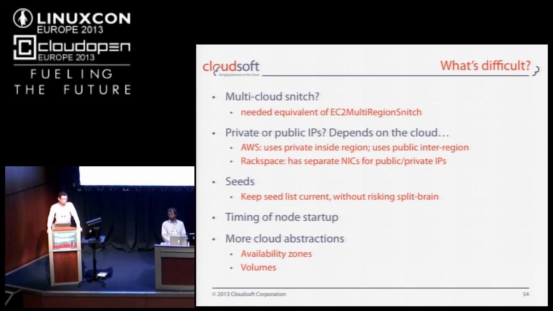And there are similar abstractions that we're doing for volumes, if you want to work with Amazon Elastic Block Stores, and so on. So on that, if anyone is looking at running Cassandra in OpenStack or CloudStack, we would love to work with you to make sure that we bring those availability zones into the same kind of snitch implementation inside of Cassandra.